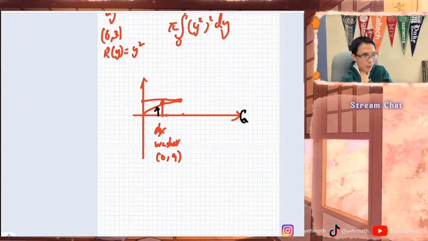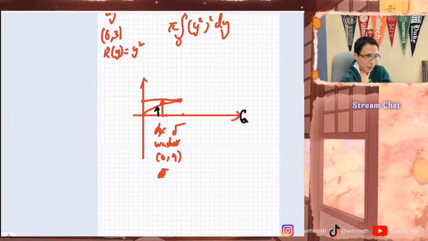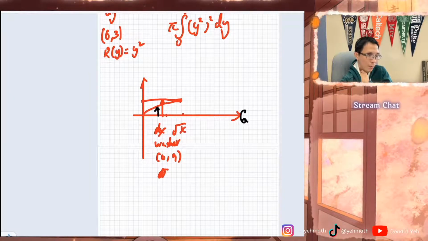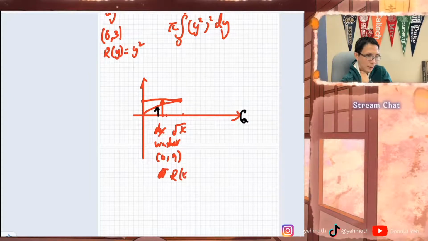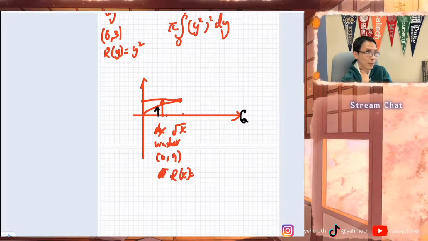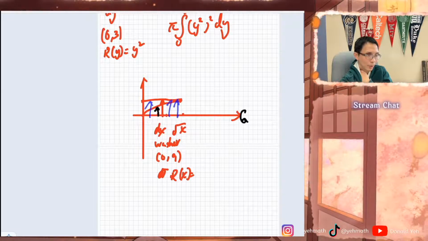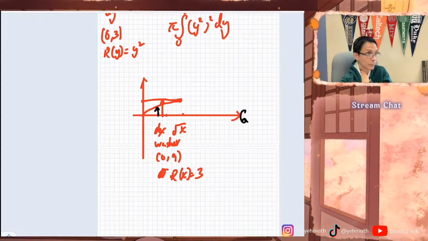So again, the function is square root x, which is fine. The top part, the big R of x, is the red one. The red one's a constant. It's always 3. See that red line? It didn't matter where, it's always 3. It did not change. So that's equal to 3.